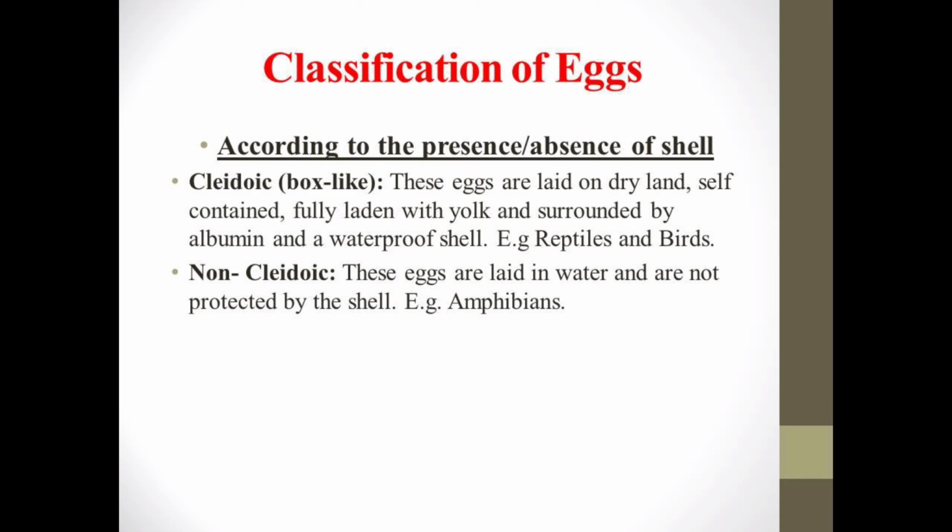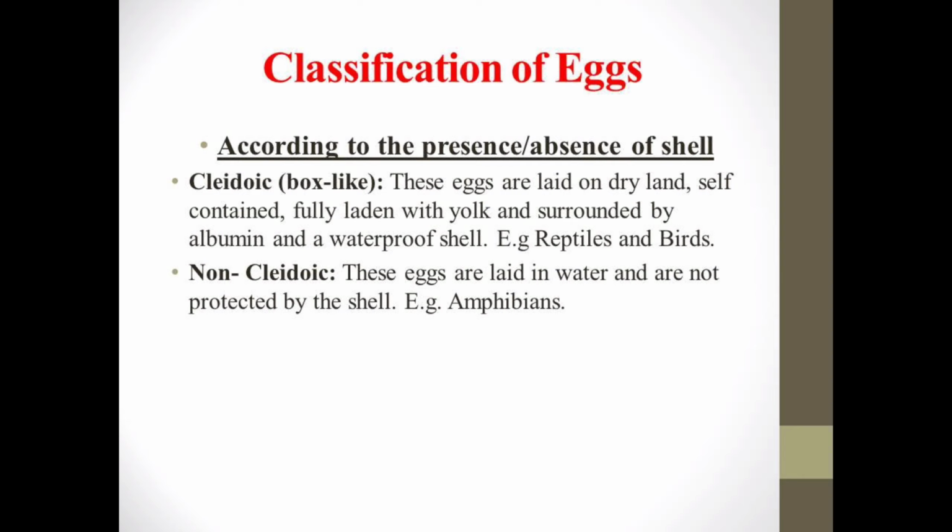Another basis of classification of egg is according to the presence or absence of the shell. So the first egg under this category is the cleidoic or box-like egg. These eggs are generally laid on the dry land and covered with the help of albumin or the waterproof shell, which will prevent the developing zygote from the external agents, and for the example you can note down the reptiles or the birds.